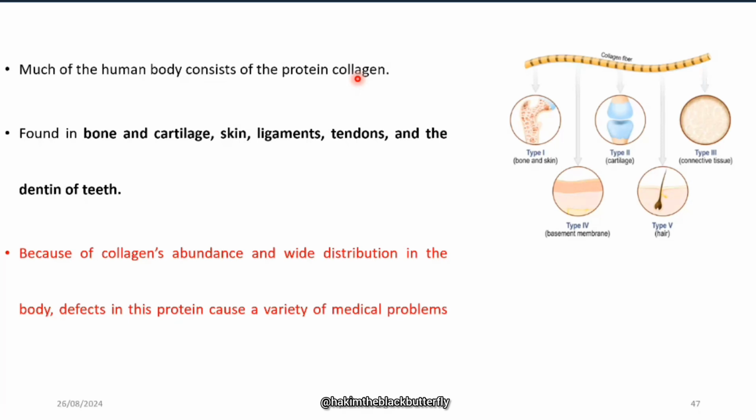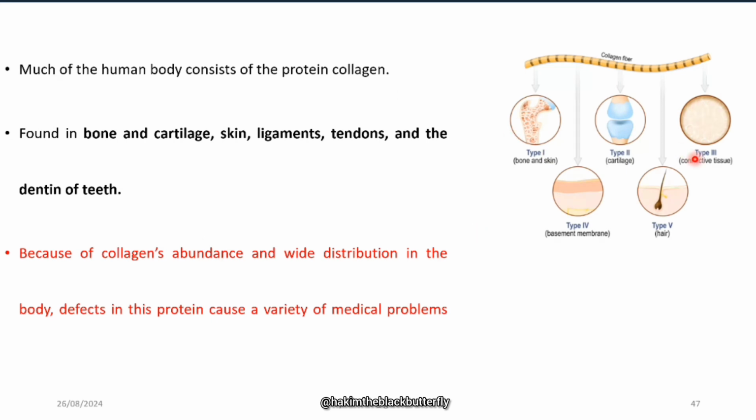And that's why if someone has got a mutation at a particular part of DNA that's supposed to code for production of this protein, if someone has any mutation at that part of DNA that's supposed to code for production of the collagen fibers, this person can present with a multiple variety of medical issues in different parts of the body.